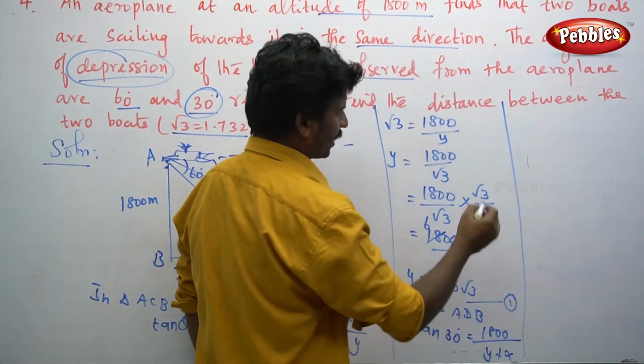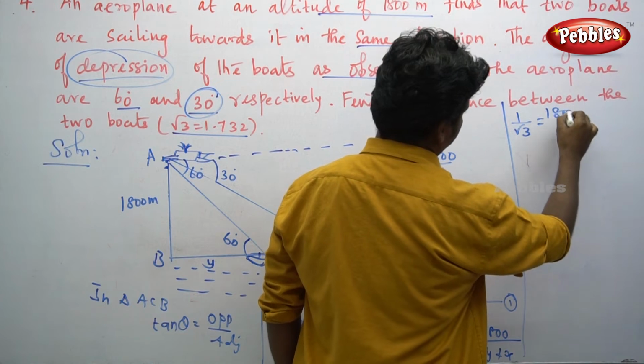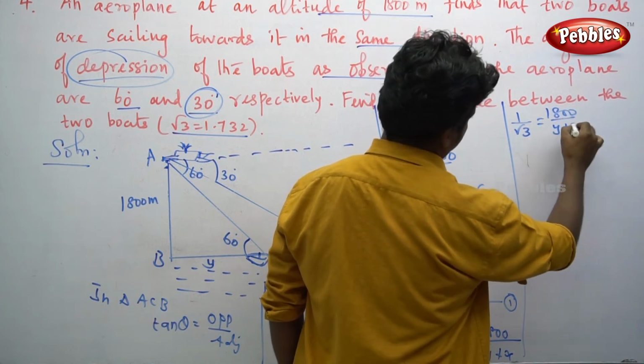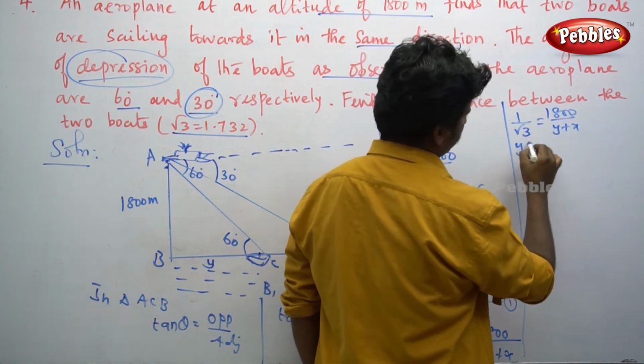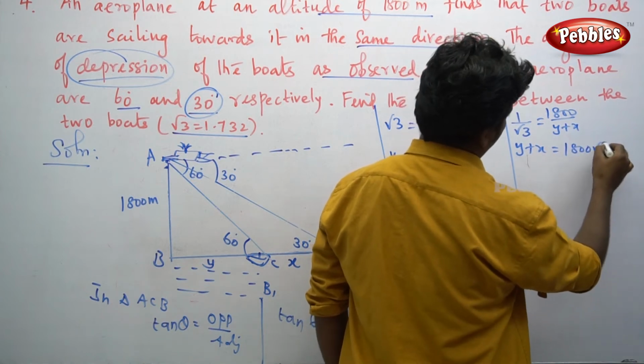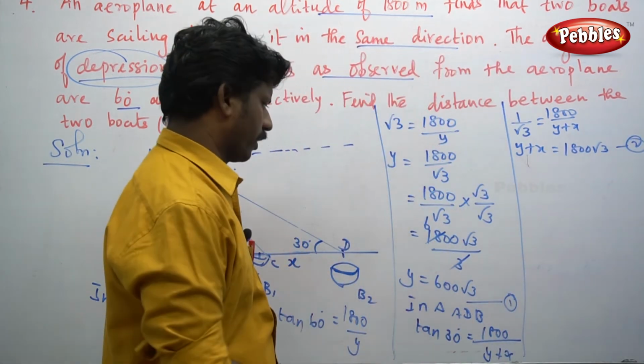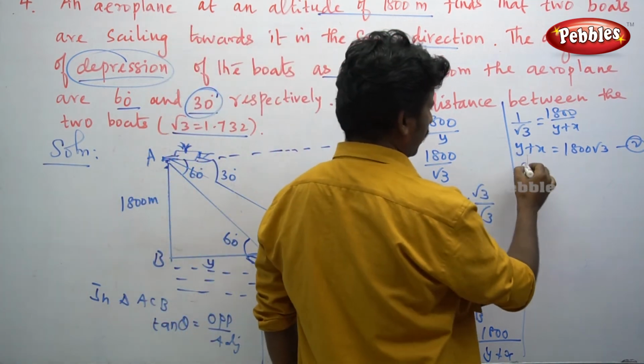So tan 30 degrees, 1 by root 3, is equal to 1800 by y plus x. 1 into y plus x is equal to 1800 into root 3. This is equation 2.